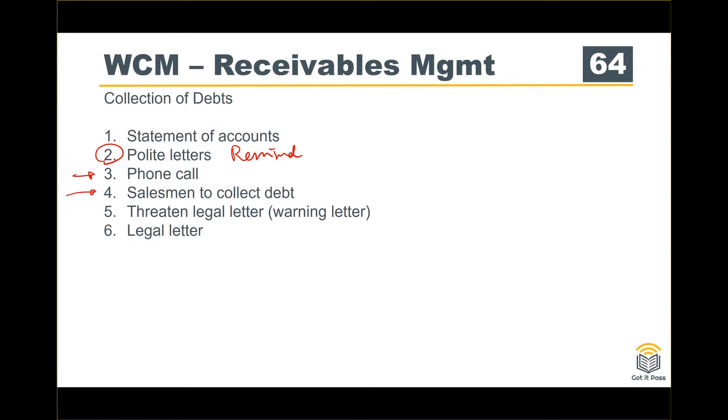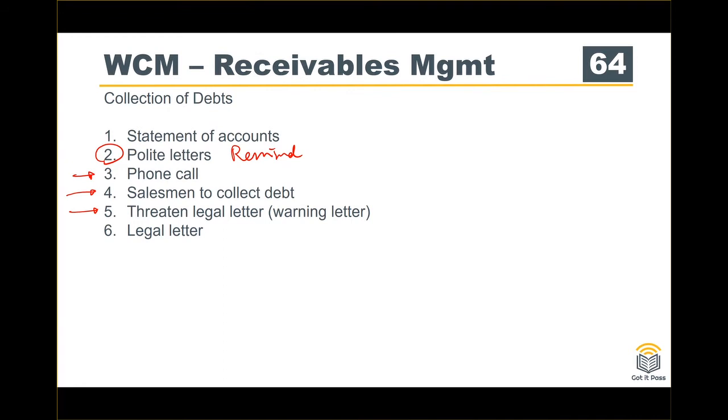Okay, so here, after the salesman goes to the door and asks for money and no one takes care of him, then you can go to the 5th step, which is to issue a warning letter. Okay, and a warning letter is not the same as a legal letter. It has no legal force.